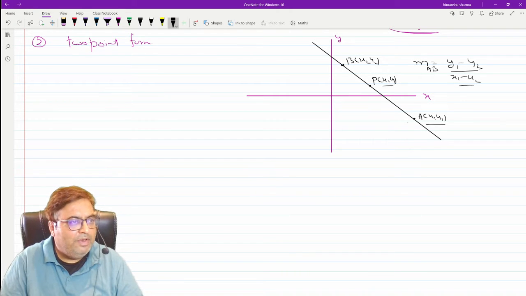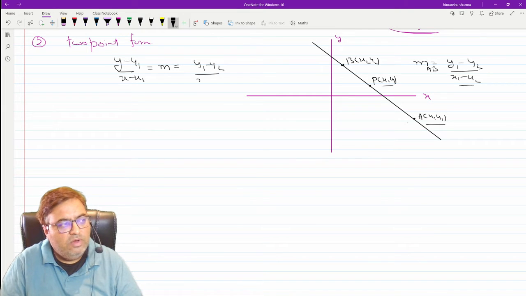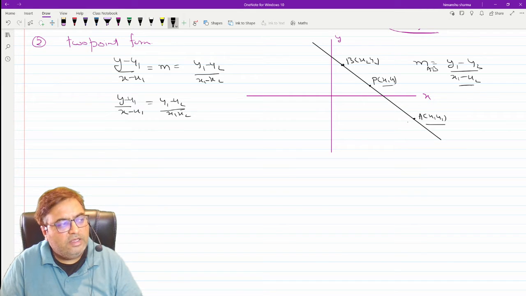So now it will reduce into the slope point form. How? y minus y1 upon x minus x1 should be equal to m. But m is given as y1 minus y2 upon x1 minus x2. So that will give you y minus y1 upon x minus x1 equals y1 minus y2 upon x1 minus x2. This is the equation of a line joining x1 y1 and x2 y2.